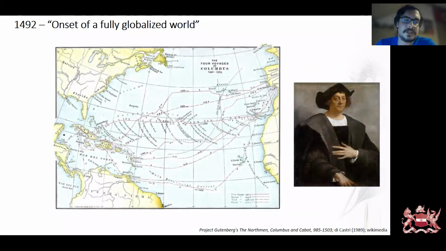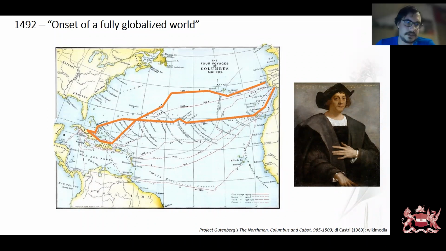And this, of course, coincides with the voyages of Christopher Columbus, who made in total four different voyages to the Western Hemisphere, the first one indicated here in the red line.